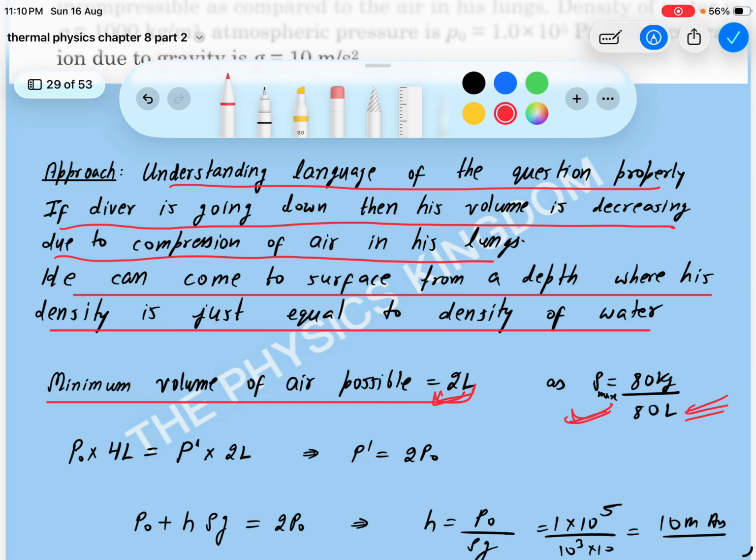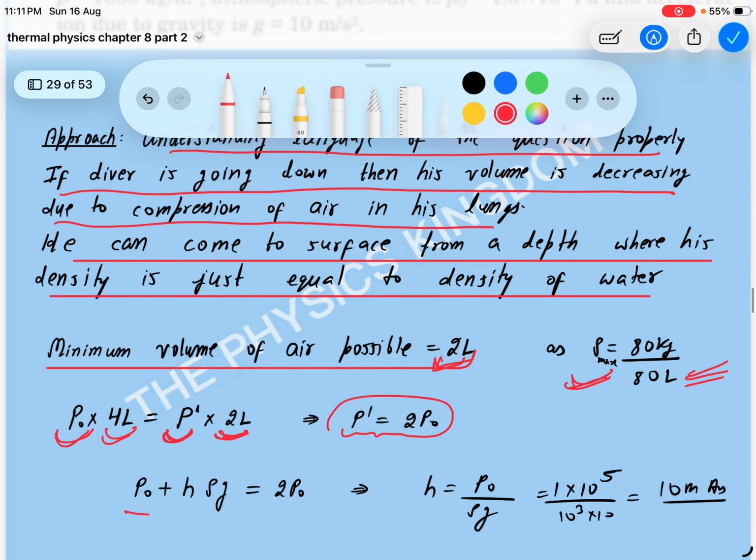So initially when he is just diving, inhaling air at atmospheric pressure into volume 4 liter, then the pressure of air inside is P dash, and the volume can be just 2 liter. It means the maximum pressure of air inside can be 2 P naught only, right? So we need to see at what depth the pressure is 2 P naught.